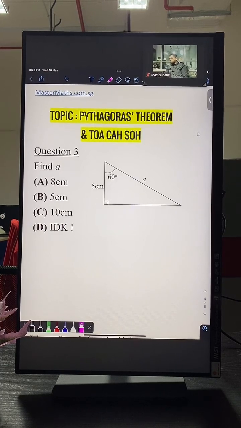Jimin already gave some steps there as well. Fantastic, Jimin. Good job. Is it A, is it B, is it C, is it D? Which one is it, guys?